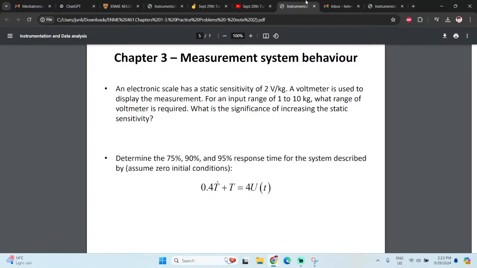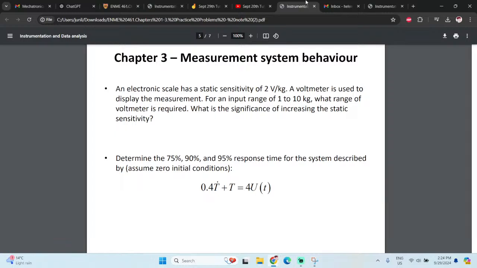The other point you can mention is possible saturation. If static sensitivity is quite high, the voltmeter may saturate or exceed its measurement capacity. So the three important points are that resolution will increase, voltage range will increase, and accuracy would be greater. So these points you can mention.